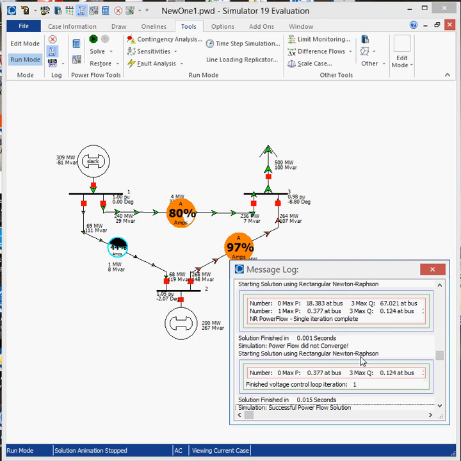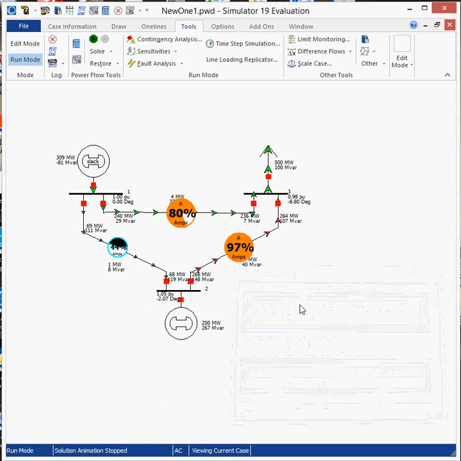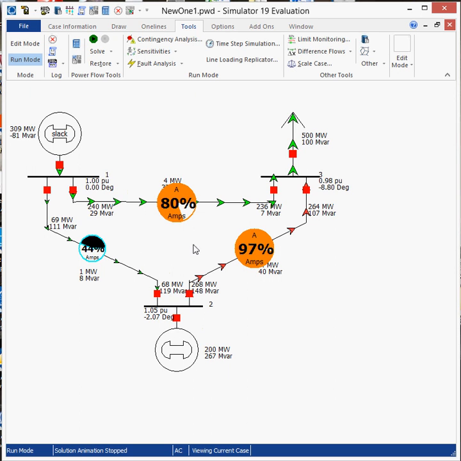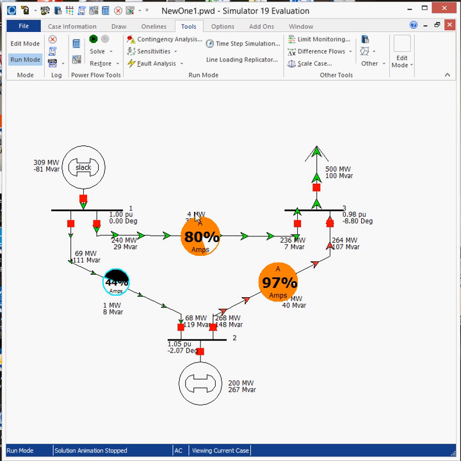So that means the number of iterations is equal to 3. So you can get all the values, the unknown values that you need to determine.